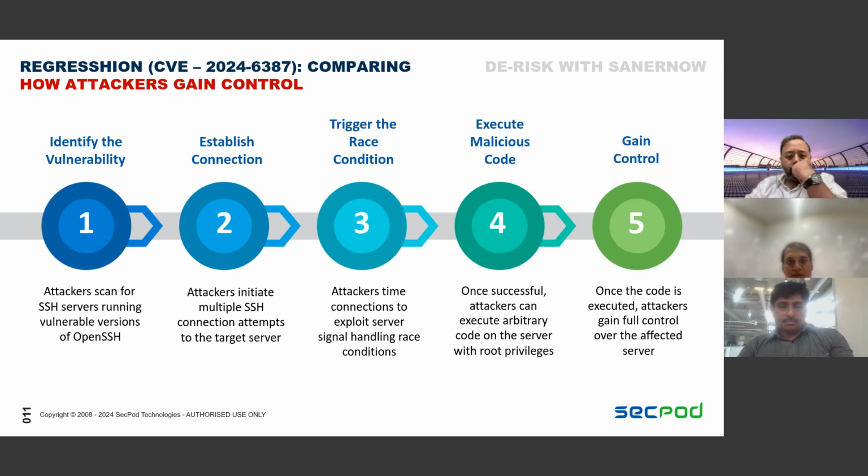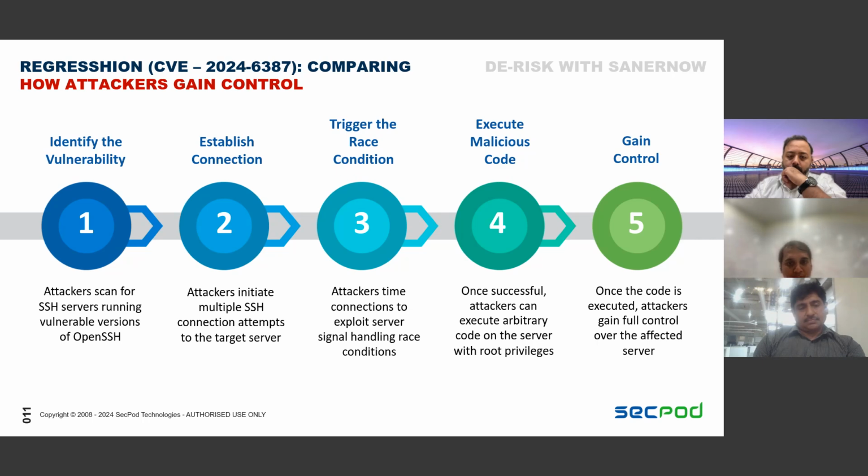Ideally, what a threat actor tries to find is a vulnerable SSH server. So normally they use various tools to find out vulnerable servers. As I mentioned, there are around 12 to 14 million SSH servers which are publicly facing. Out of that, they need to figure out which SSH servers are vulnerable.